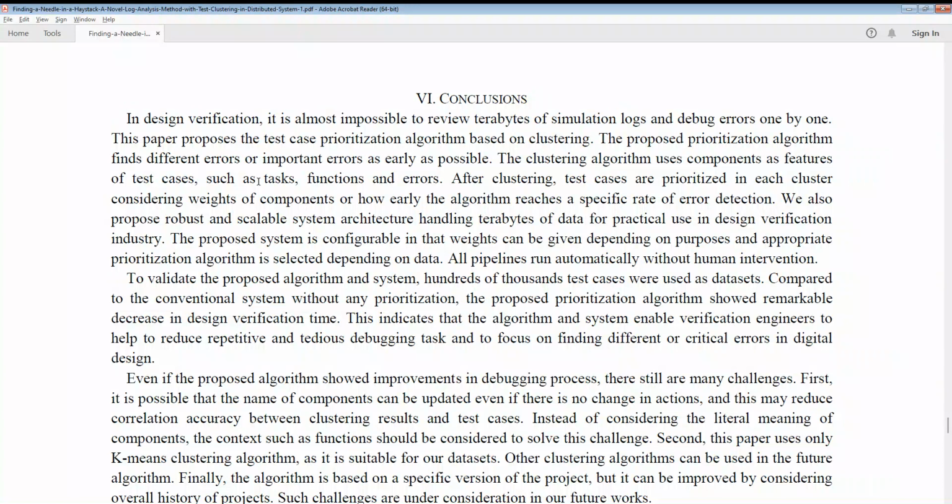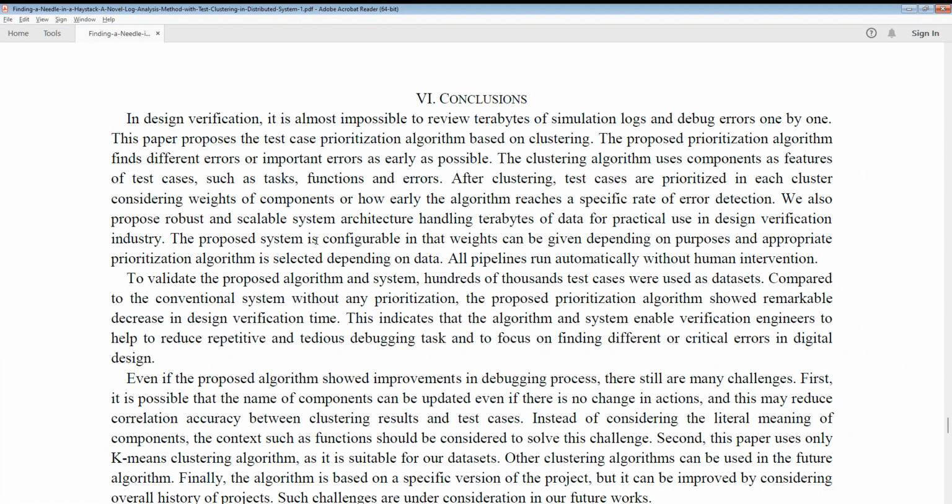The clustering algorithm uses components as features of the test cases, such as tasks, functions, and errors. After clustering, test cases are prioritized, and each cluster considers weights of the components or how early the algorithm reaches a specific rate of error detection.